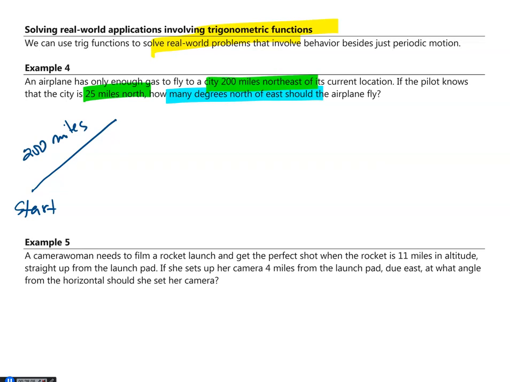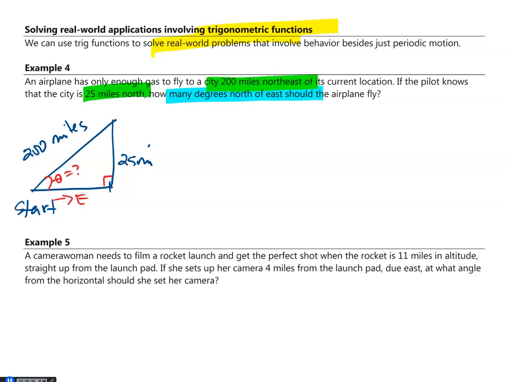And the city is 25 miles north, so this is 25 miles. And from here to east, how many degrees of northeast should the airplane fly? So we want to get this data here.